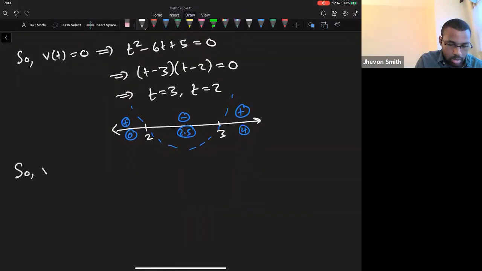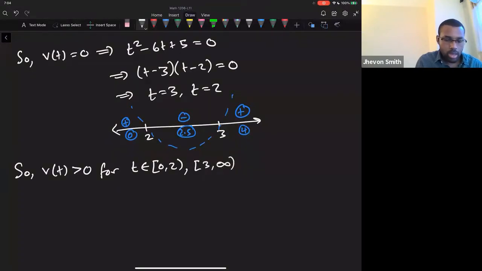So v of t is positive for 0 to 2 and 3 onwards. And v of t is negative for t between 2 and 3.